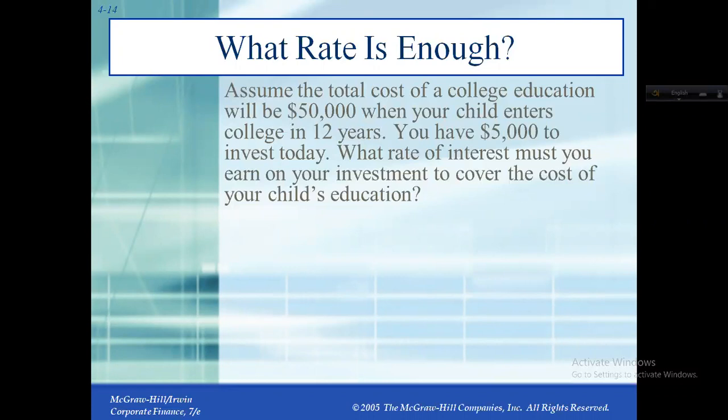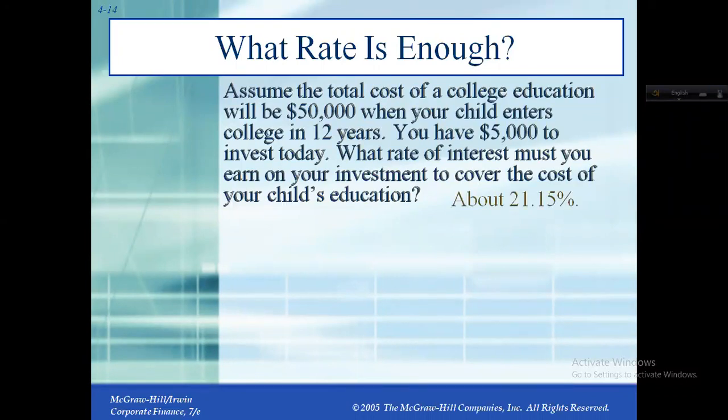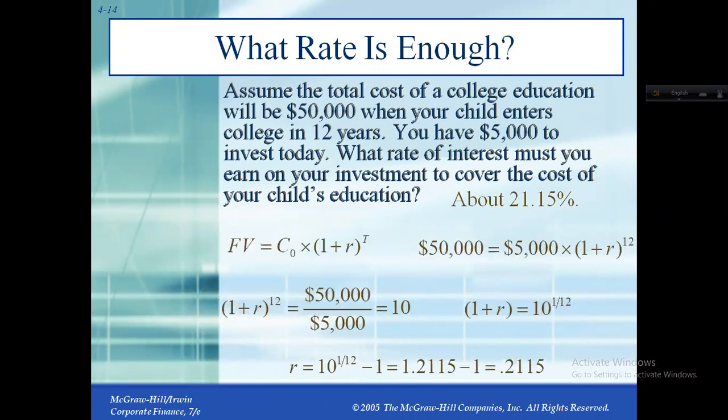You already have the present value, future value, and number of years, but you do not have R. So we put all values in the future value formula: FV equals C0 times (1 plus R) to the power T, so 50,000 equals 5,000 times (1 plus R) to the power T. By calculating that, we get R as 0.2115, that means 21.15%.